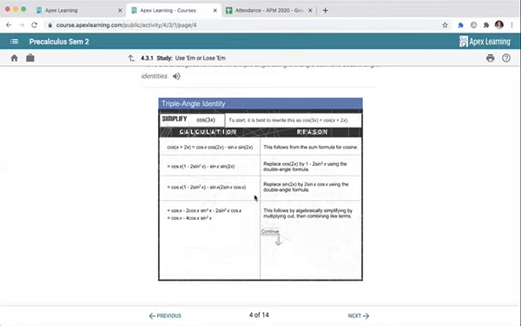Once we've gotten them there, we're going to distribute this cosine to both of these values and this negative sign to both of those values. Or sorry, for this one, it's just the one value. So it's going to make that sine squared, cosine squared, and this one's going to have a cosine and then a cosine sine squared x.